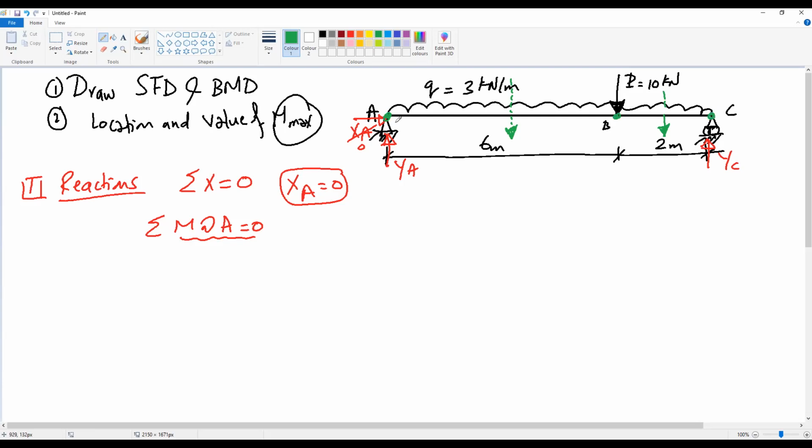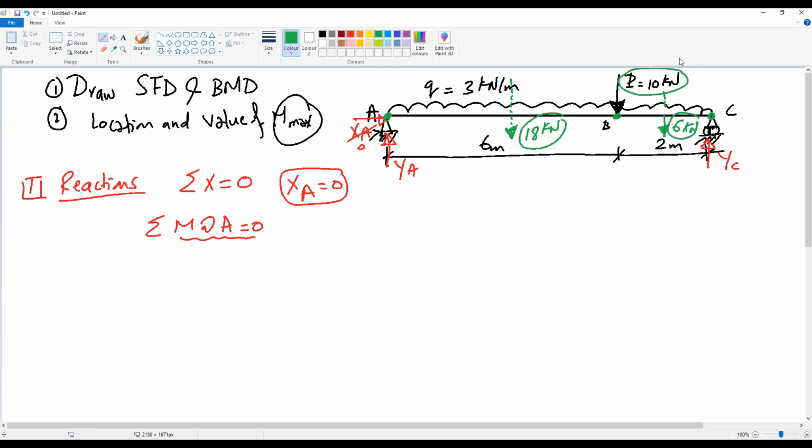From A to B, the length is 6 meter and the load is 3 kilonewton per meter, so the load will be 18 kilonewton. And for B to C, we have 2 meter and 3 kilonewton per meter, so it will be 6 kilonewton. So these are all the loads we have: 18 kilonewton and 6 kilonewton plus the 10 kilonewton point load.